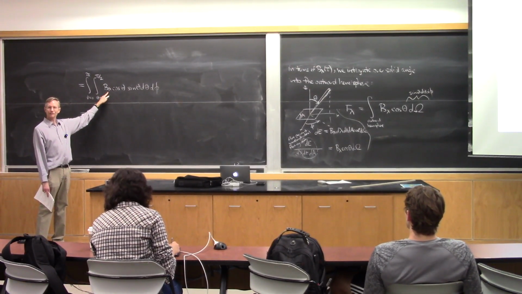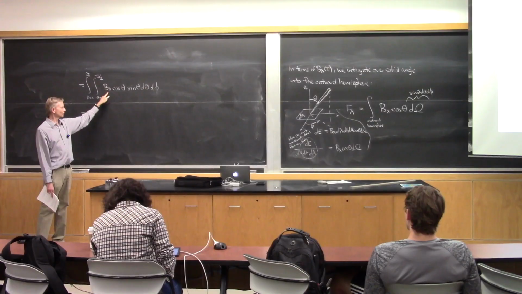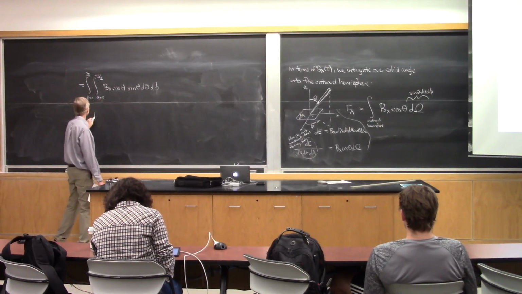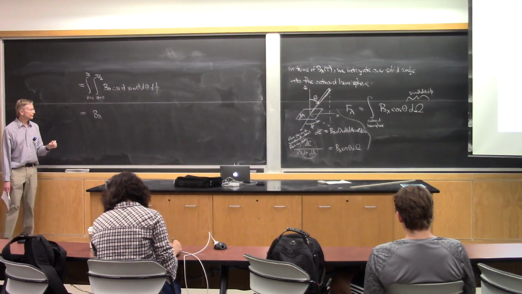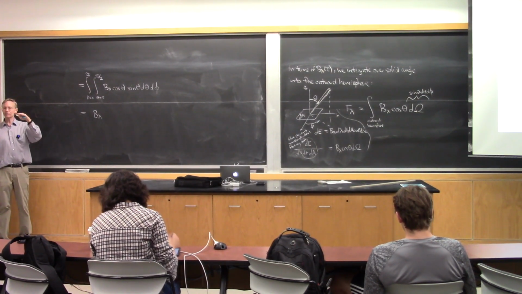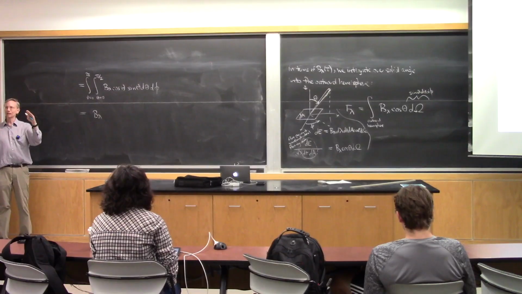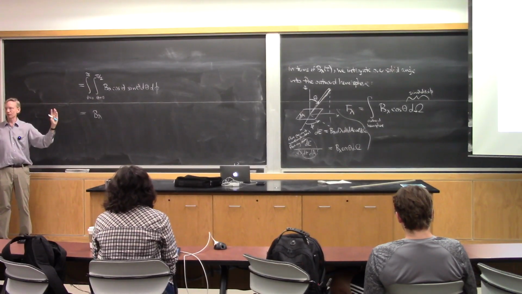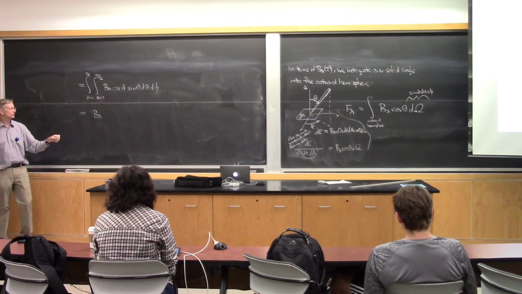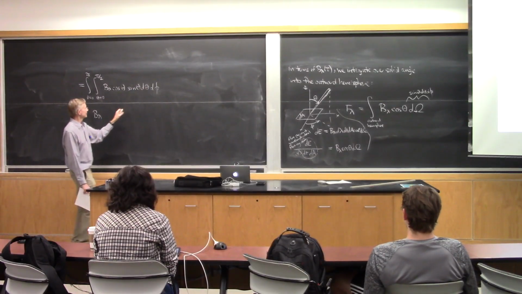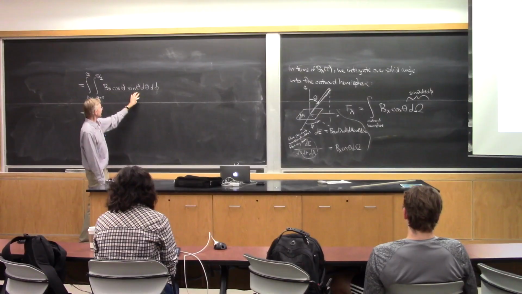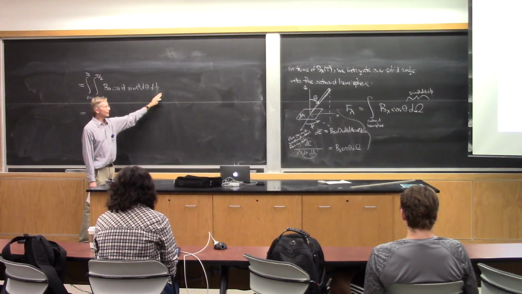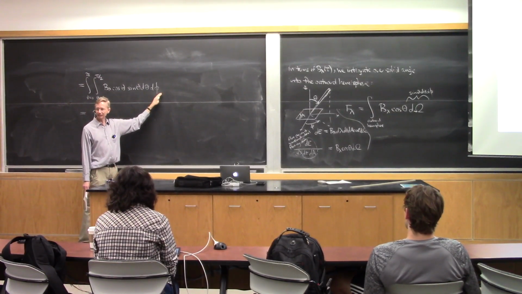Yes, because it's a constant, so I can pull it out of the integral. And furthermore, remember that if you can factor the integrand in a multiple integral, you can factor the whole integral. This is a product of something that depends only on theta and something that depends only on phi.